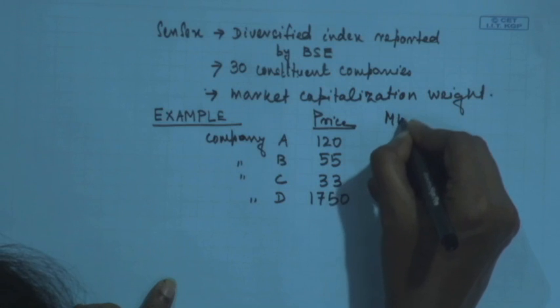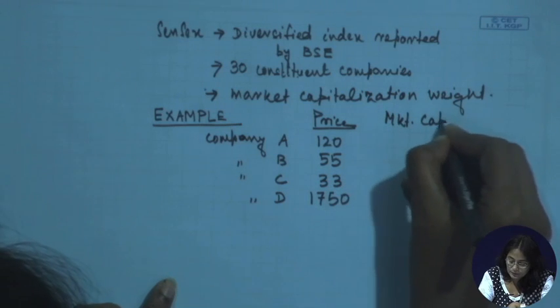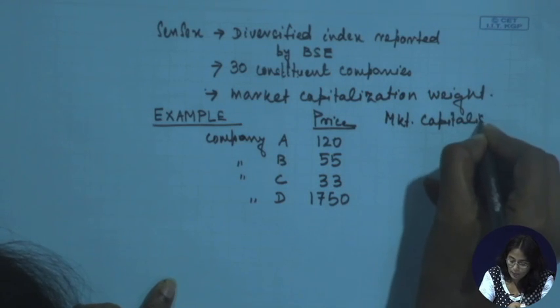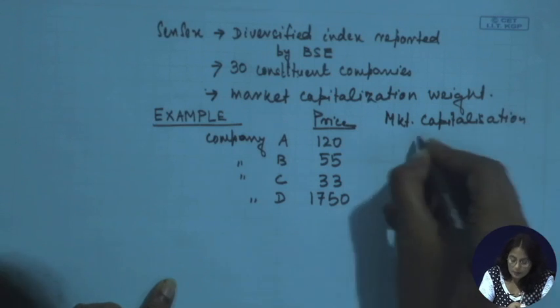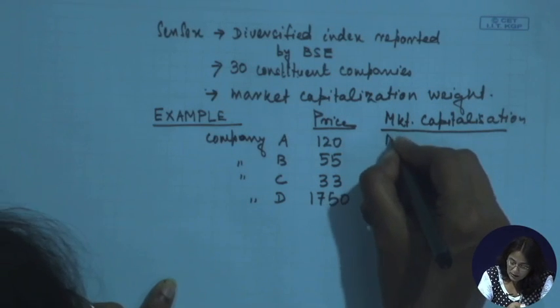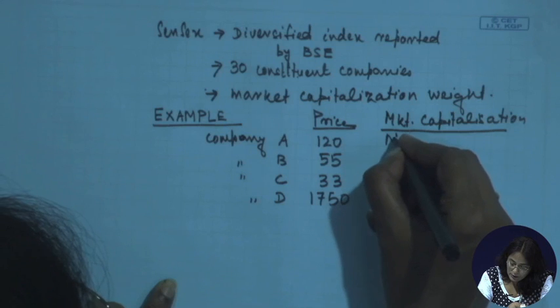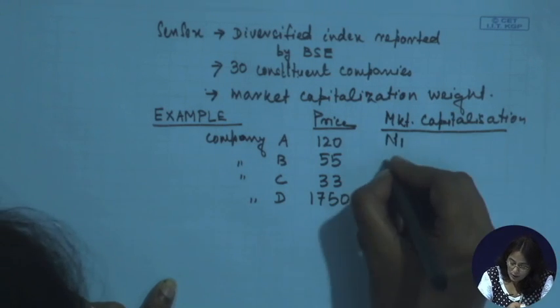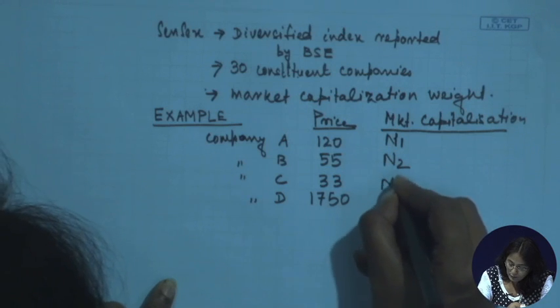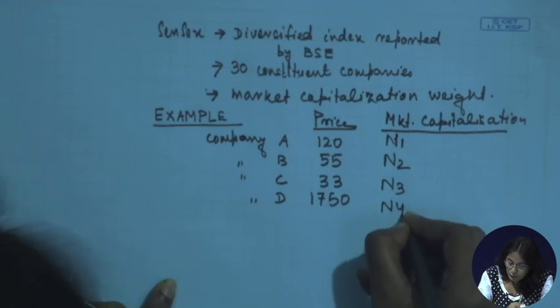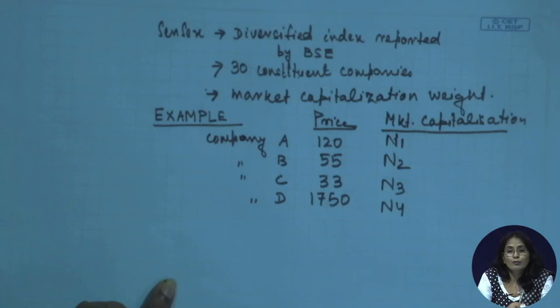So how do we find out the market capitalization? It will be calculated using the number of shares. Let's say the number of shares for company A is N1, and then you have N2, N3 and N4. These are the total number of free float shares available for trading for that particular company.